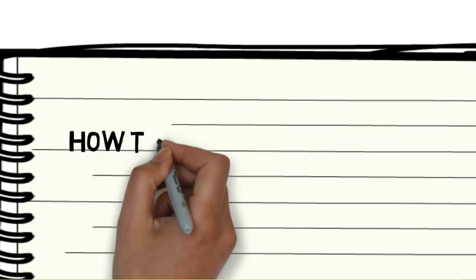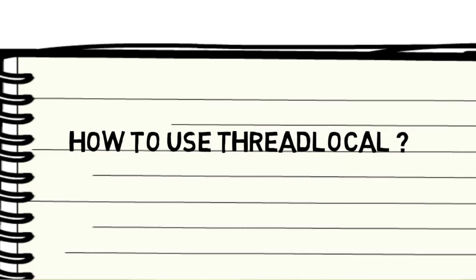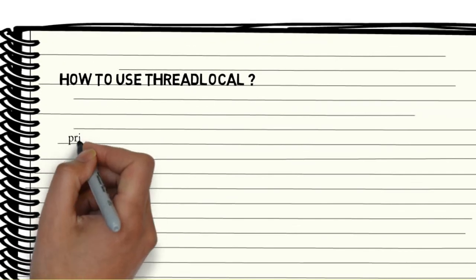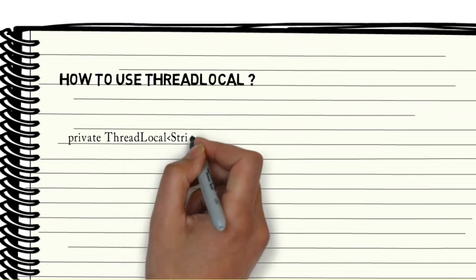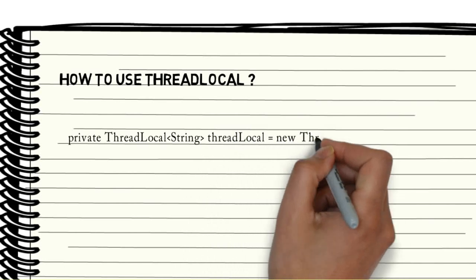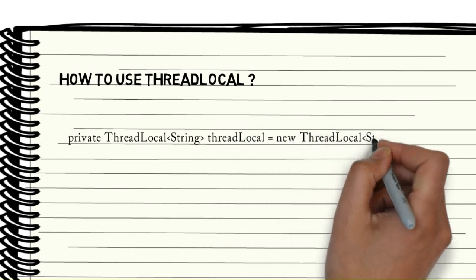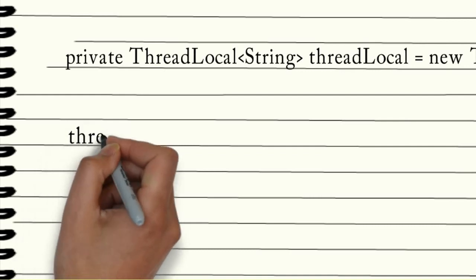Now let us see how to use thread local. Using the thread local is pretty similar to instantiating any other object in Java. We will instantiate the thread local class by calling its constructor. Thread local class is a generic class, so we can create it of any type of object.